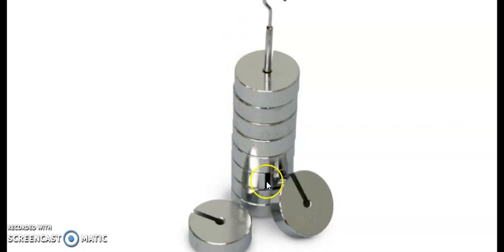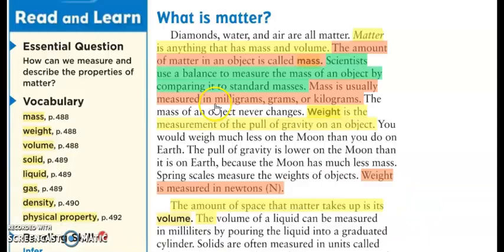So if I have 5 pieces of matter and 1 here alone, of course the 5 has more mass.